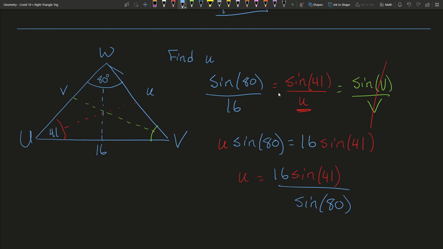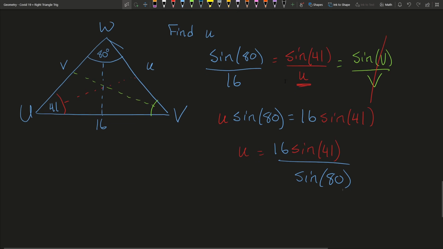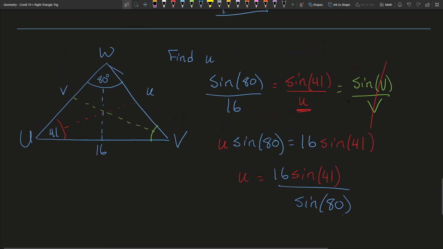Can plug that into a calculator and get an answer. You should get 10.7.